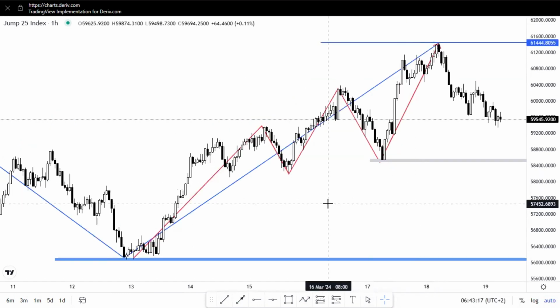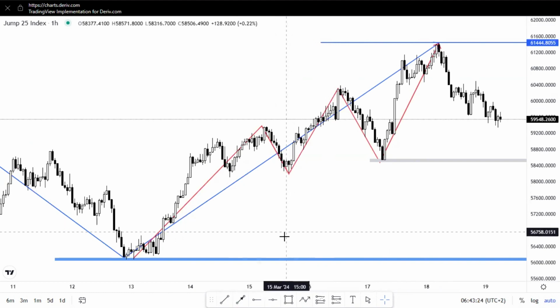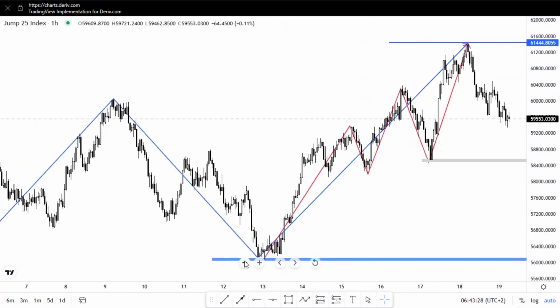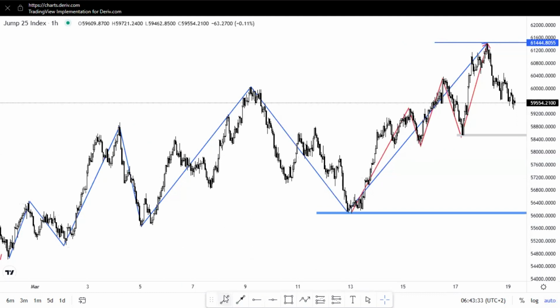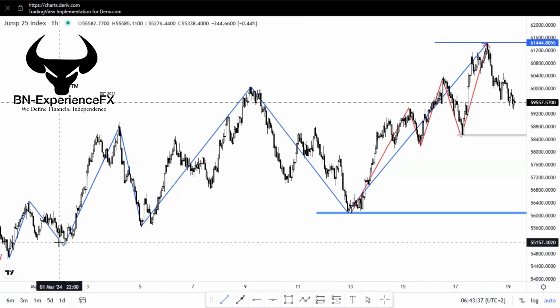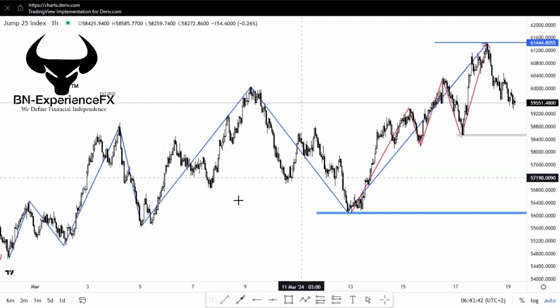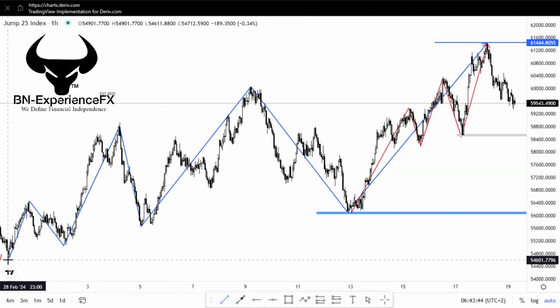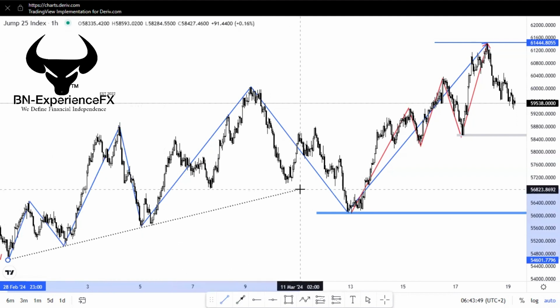Then the last point is the trend lines, as I always show you guys. In order for us to get a perfect view, let's go back to zooming out four times: 1, 2, 3, 4. Now that we have this, you can draw a trend line from any point, as long as you have the first touch and second touch. You can start here and draw your trend line like this, or you can draw it like this.